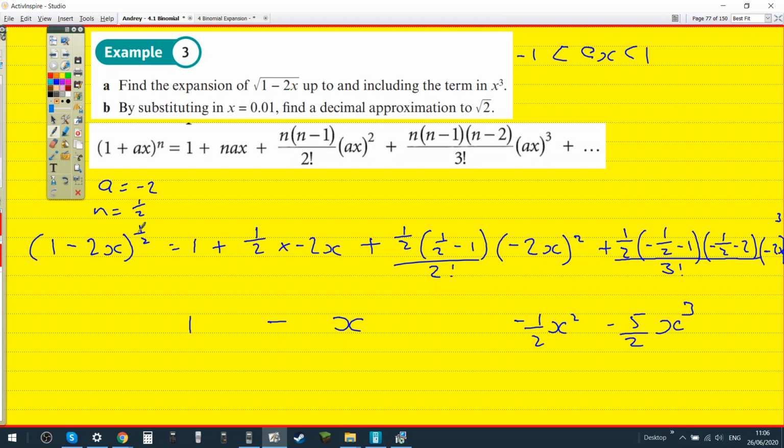What would be part B? Do I just need to sub in 0.01 into the thing we just found out? Yep. Go on, sub it in, see what it is.